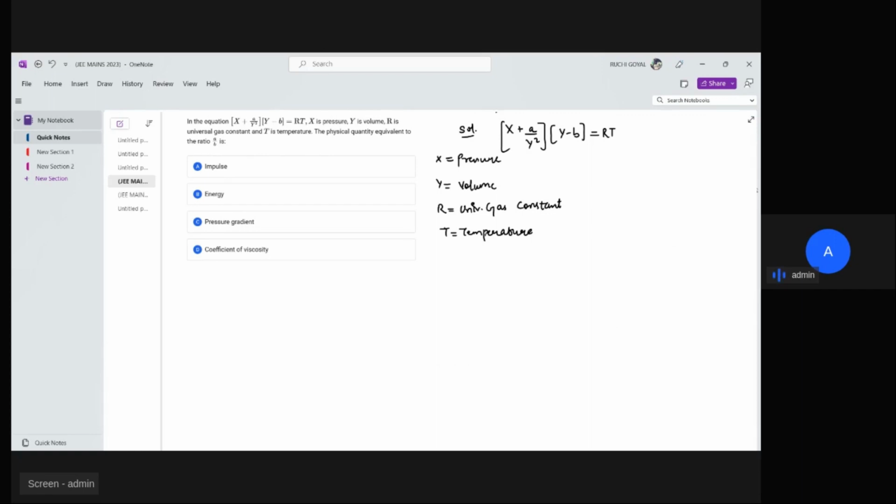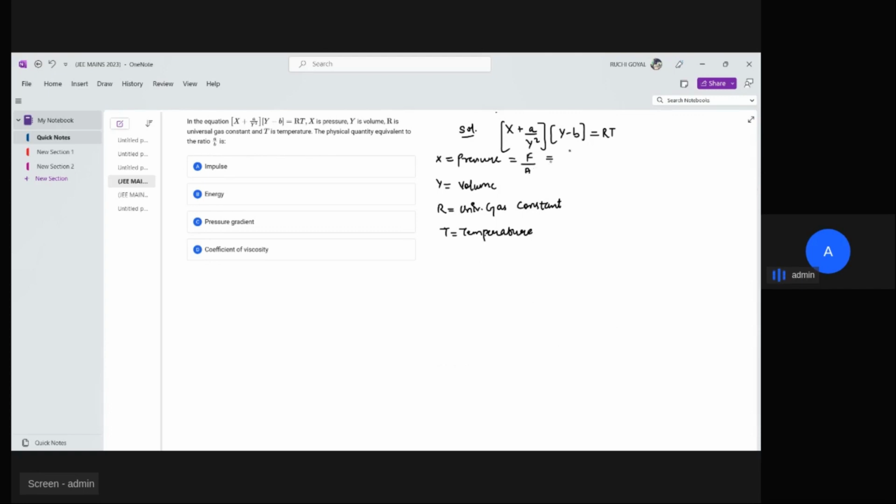So from this equation what we can say is x and a by y square have same dimensions, and y and b will have same dimensions. Okay, so x is representing pressure. So what is the dimension of pressure? It is force upon area.